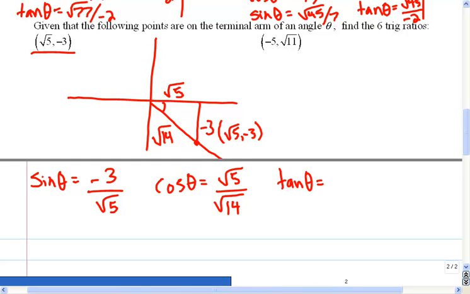Which one did I mess up here? The sine, okay. Bound to happen sooner or later. Sine is the opposite over the hypotenuse. And that looks better. So I wrote it right and I said it wrong.